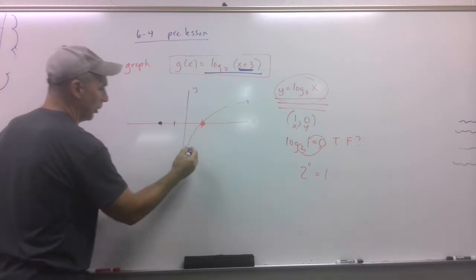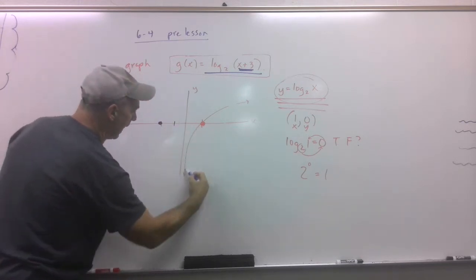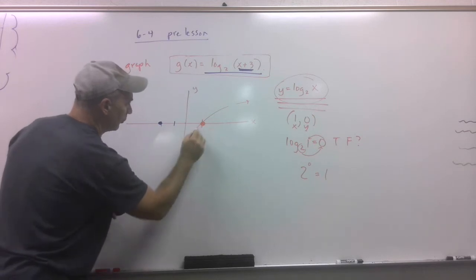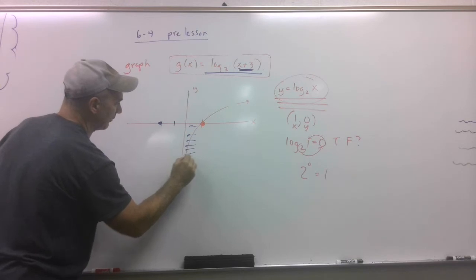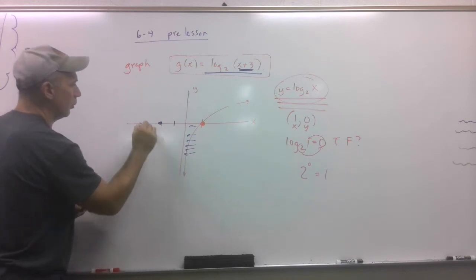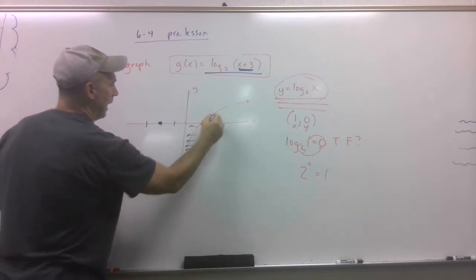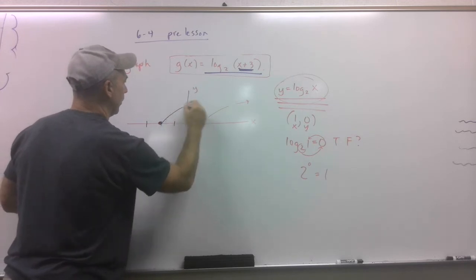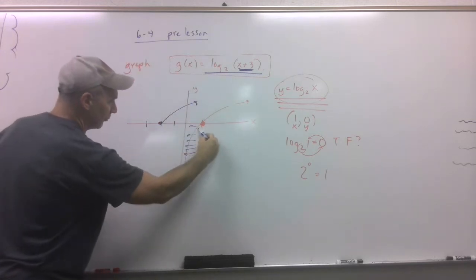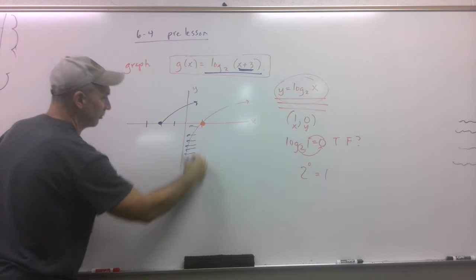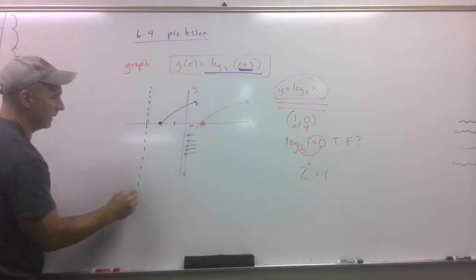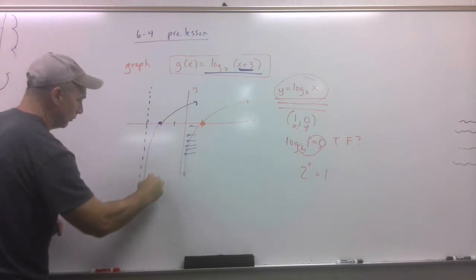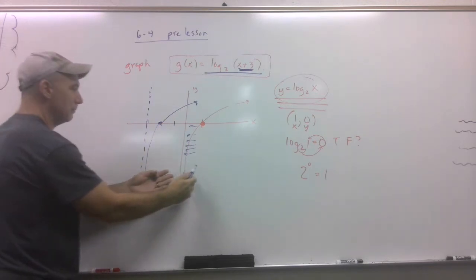Now notice, though, this portion of the graph continues to go to this direction 1 unit before it hits the asymptote, or tries to hit the asymptote. So I'm going to go 1 unit here. I'm going to copy this portion. That's the easy part. But then I have to know that this is trying to get to the asymptote, which is the y-axis. But that would be like an invisible line right here, and it would be like that. So that is simply bumped to the left.